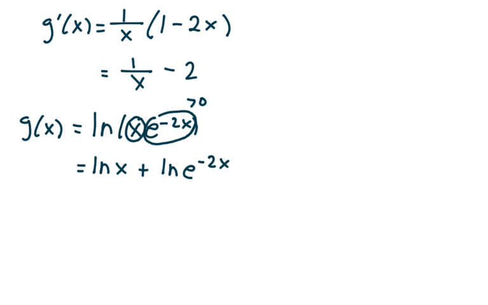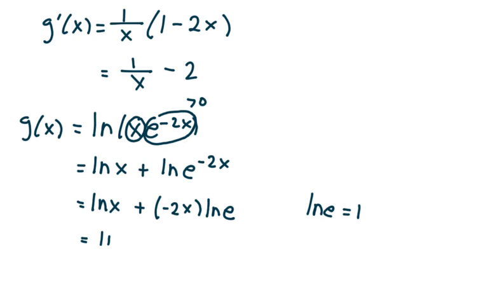Now, this is equal to natural log of x plus negative 2x times natural log of e. But remember that natural log of e is equal to 1. And so this is natural log of x minus 2x. So I do a little bit of simplifying first, and then I find g prime of x.